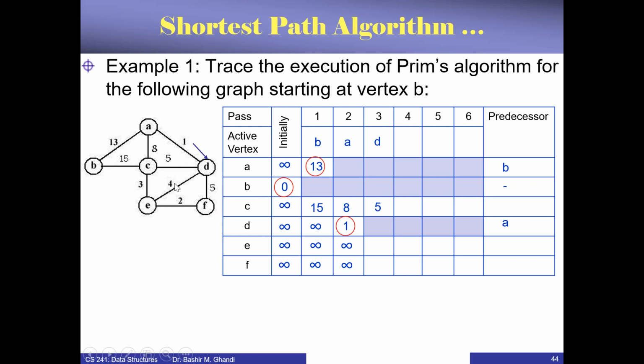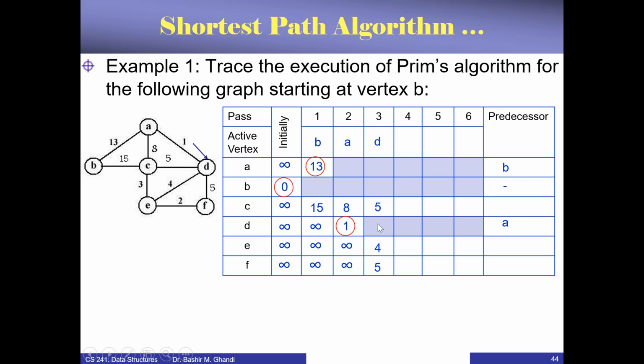We can reach E for the first time, because E was infinity. We can reach it with a cost of 4, so accept the 4. And finally, we can reach F with a cost of 5, again for the first time. So accept it because 5 is smaller than infinity. And that completes iteration number 3.